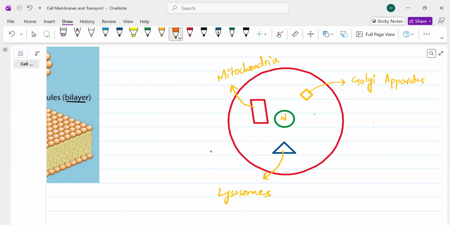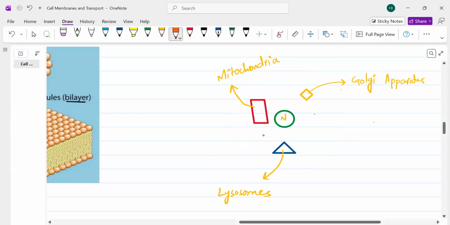I'm saying that the phospholipid bilayer forms outside the cell, right? In the animal cell, when we talk about that, the animal cell is covered with the phospholipid bilayer. So this phospholipid bilayer forms a compartment. Okay, it separates the cell from the other cell. Otherwise, if there is no cell membrane, if we remove this, what will happen? All the contents will be freely available in the blood, isn't it?